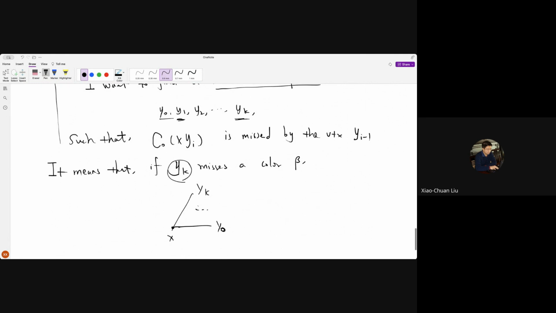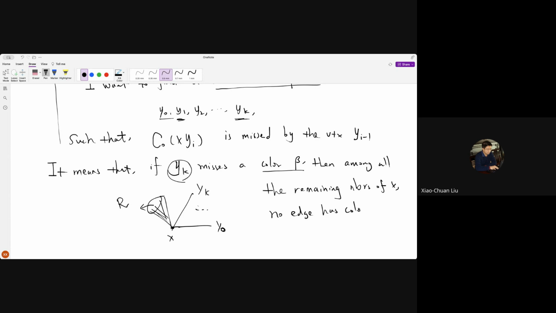Because if yk misses a color beta, then among all the remaining neighbors of x, which I write R, no edge has color beta.